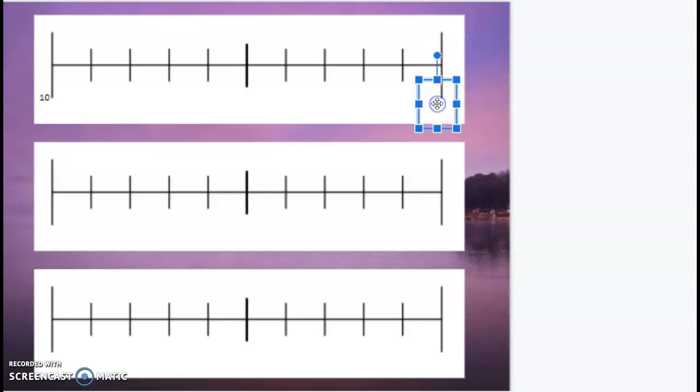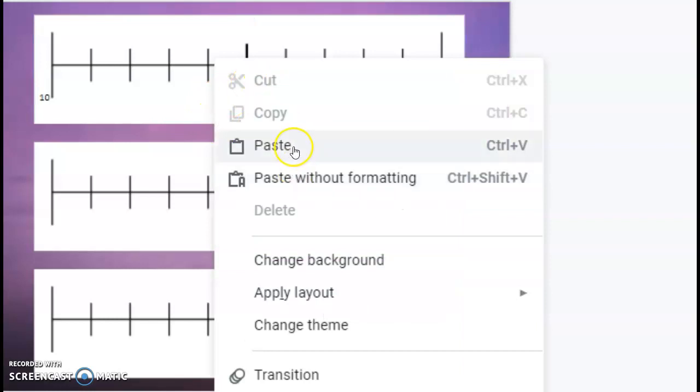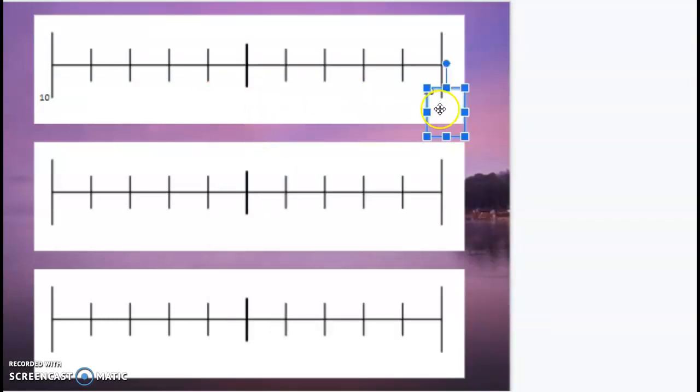So in this particular case, it's going to be 20. I've got to determine what this middle number is going to be. So I'm going to go ahead and paste another box there. And as most of you all remember from yesterday, the middle number is going to be right in the middle of the two tens, and that number is going to be 15.